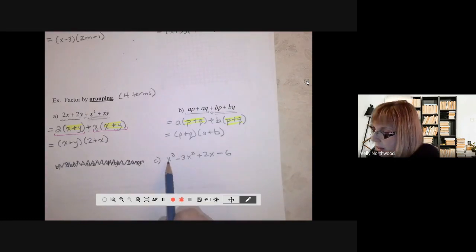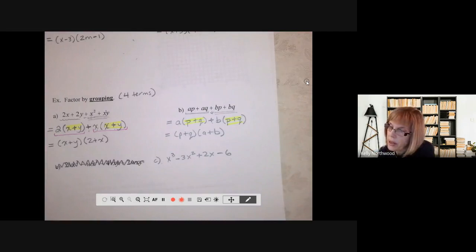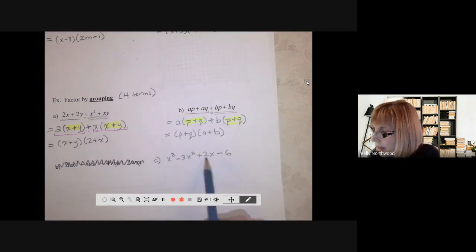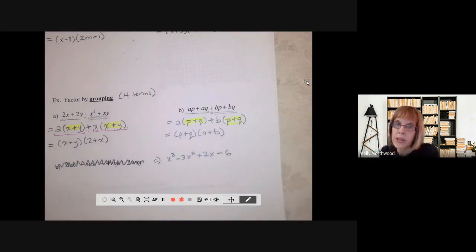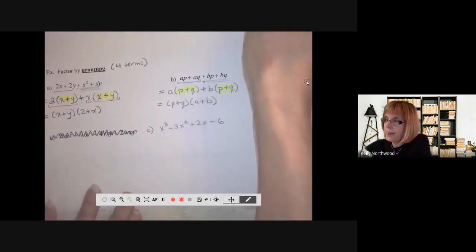So again, I would be looking to see if there was a number that was in common with all four, but there's not other than one, and there's only an x in the first three. So since there's four terms, you would think, okay, I've got to do this by grouping.